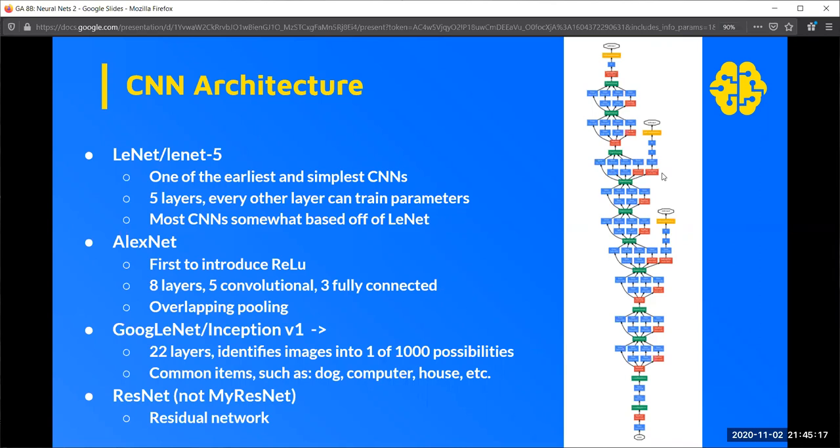It just goes from layer to layer to layer, all the way down. But residual neural networks have residual blocks in them. Each layer feeds into the next layer, and it also feeds into a layer about 2 or 3 layers away.